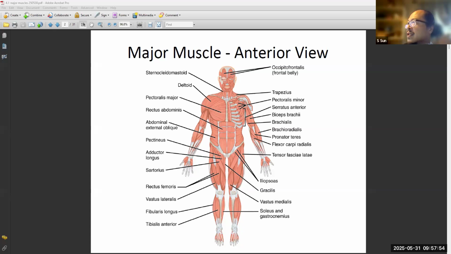And then here is the arm. The anterior portion is when your palm is facing out. So that palm connects with the arm. We call this the anterior view. In the anterior view, you have the biceps brachii.